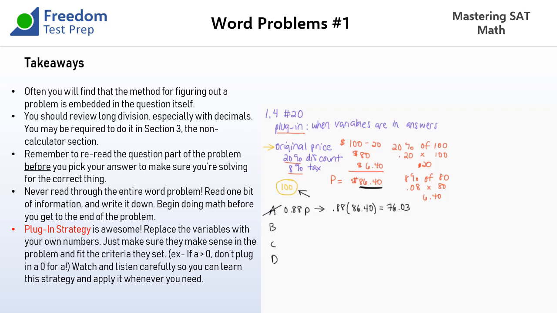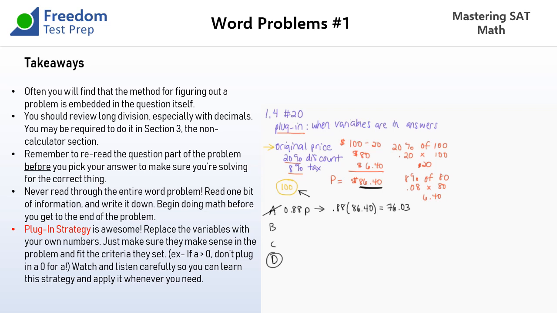And you can just go right down through B, C, and D until you get 100. You will find that D is your answer. Now, if you look at D, chances are very slim that you would have thought that D was right just by looking at it.